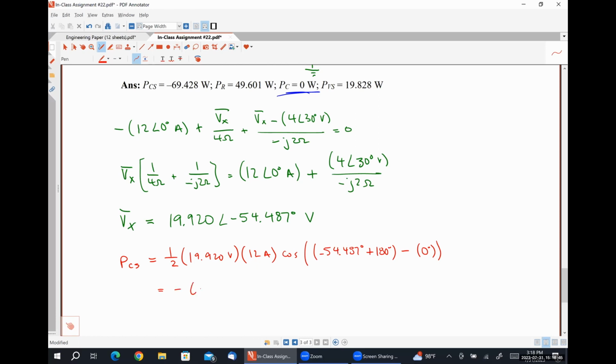I get -69.428 watts. Exactly what we're expecting.